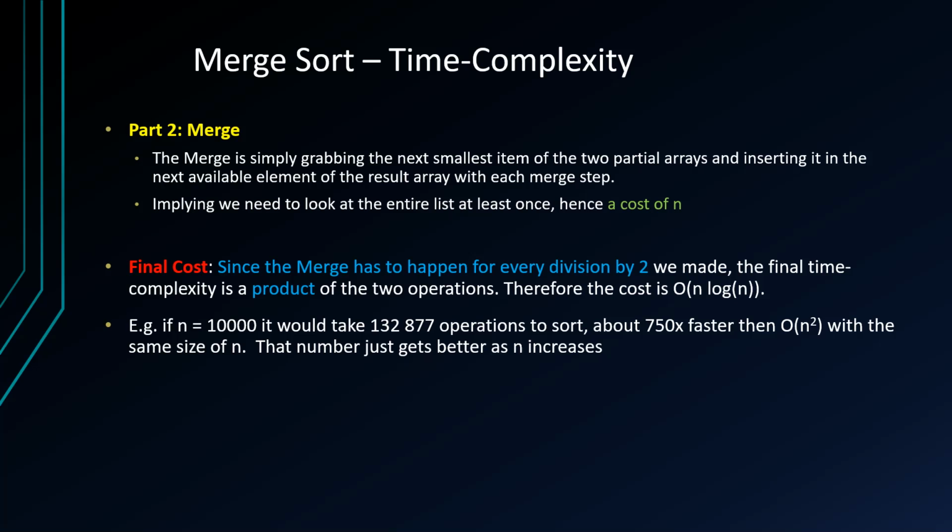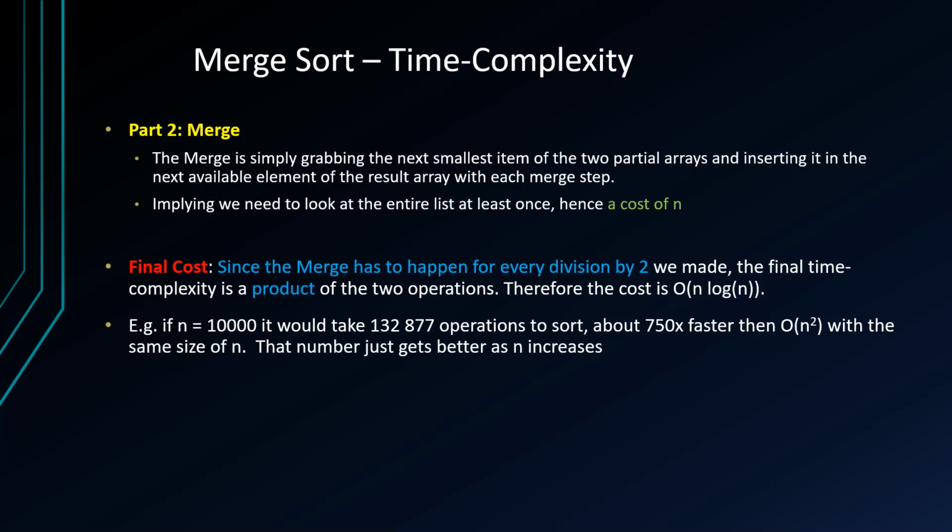So 100 million versus 132,000, that's a huge, significant difference. And the best part is that it gets more efficient as n grows, because n squared is growing a lot faster than n log n, which means the more that we have, the better results we end up seeing.